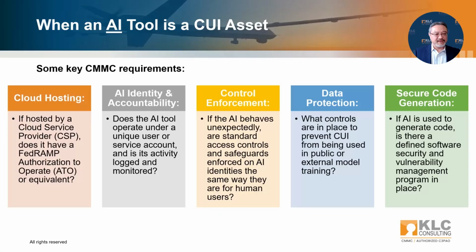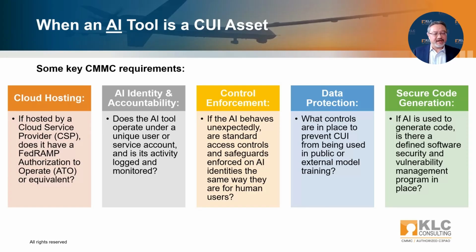Today, we're going to talk about AI and how it impacts CMMC compliance. As a CMMC lead assessor, these are the core requirements that we look for before we start assessing an AI tool.